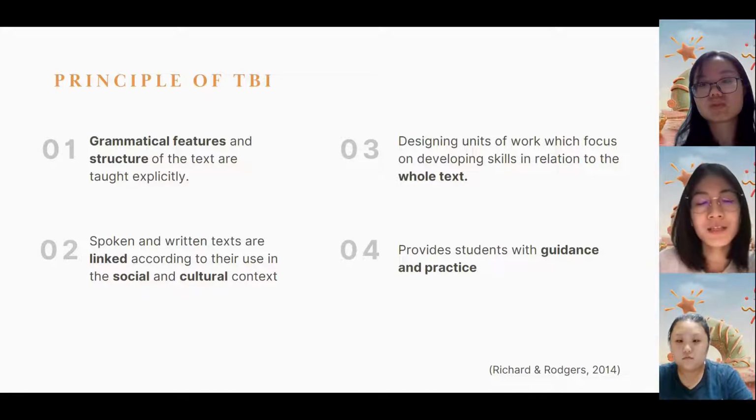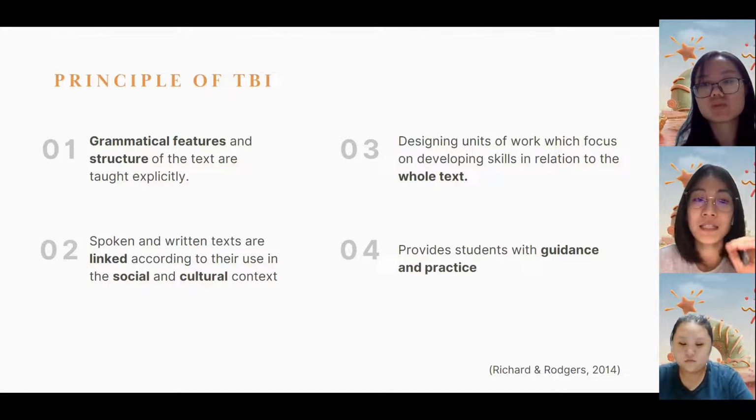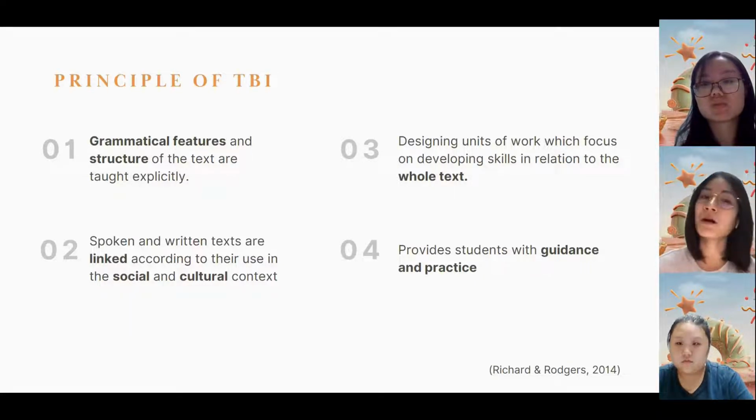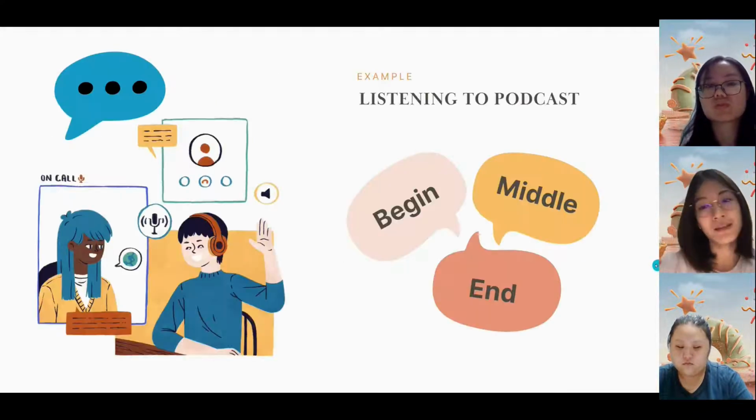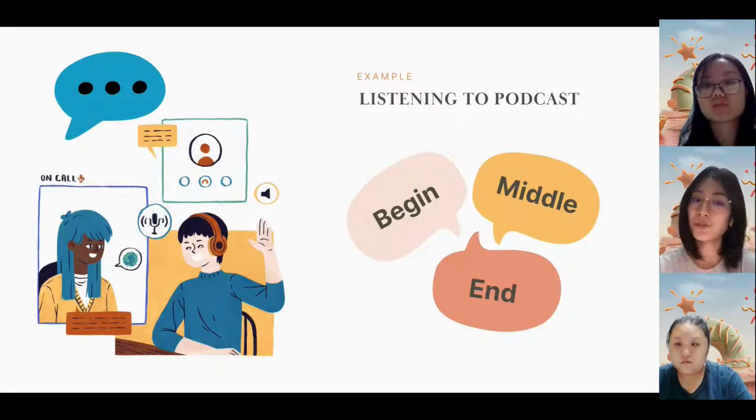And during developing the skills, it's important to provide students with guidance and practice. For example, imagine you are listening to a podcast, viewing it as a whole. There's always a way that you begin, a way that you continue during the process, and also a way that you make a conclusion at the end.